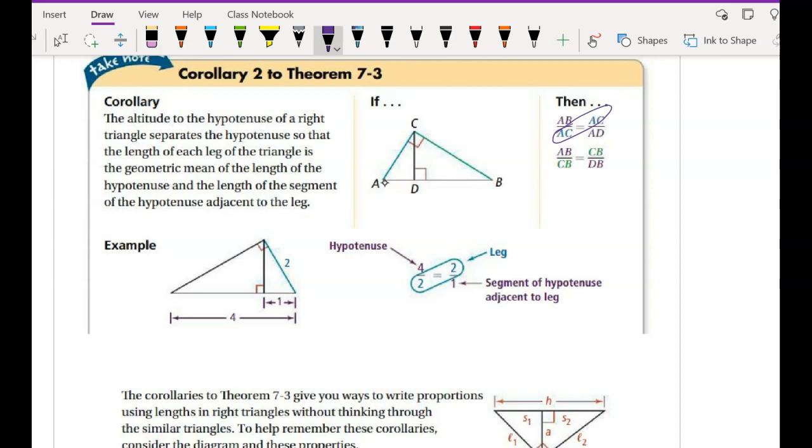Now let's look at the next one. We have AB to CB is equal to CB to DB. So the big one and then the small one. And I know this is slippery and it'll clear up the more we do it.